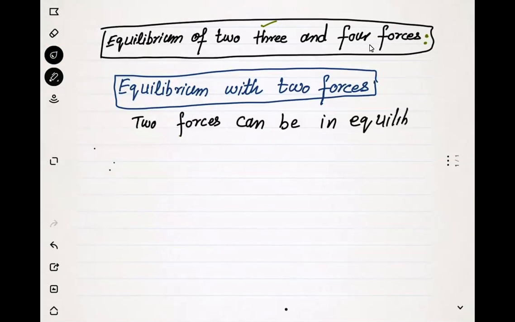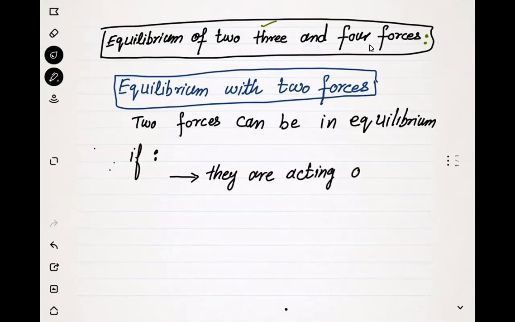2 forces can be in equilibrium if the first thing is they are acting on a single object.